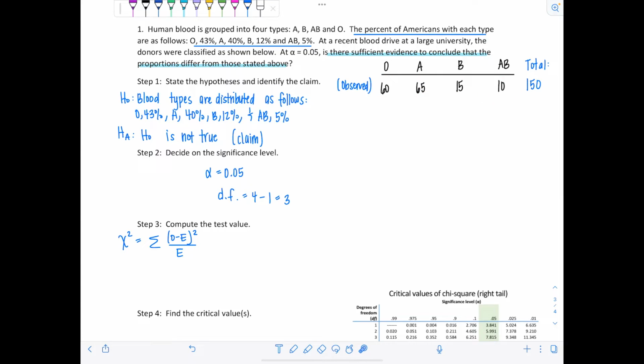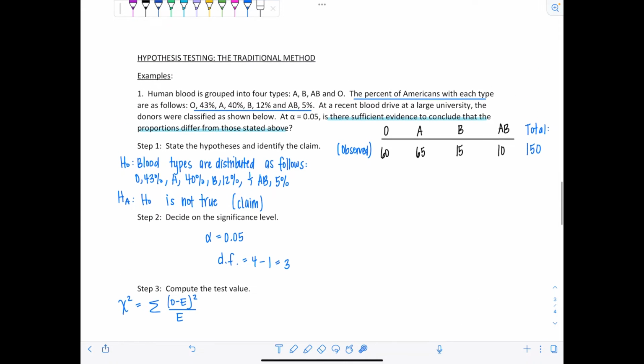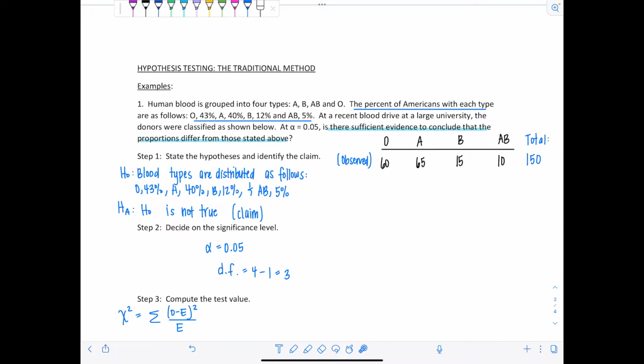So how do I get the expected? Well, I'm going to take all of the percentages that were given to me in the assumed or believed distribution and compute it. So for example, our sample had 150 people in it, right? If O is supposed to make up 43% of the blood types in our population, then you would take 0.43 times 150, and that gives us 64.5.